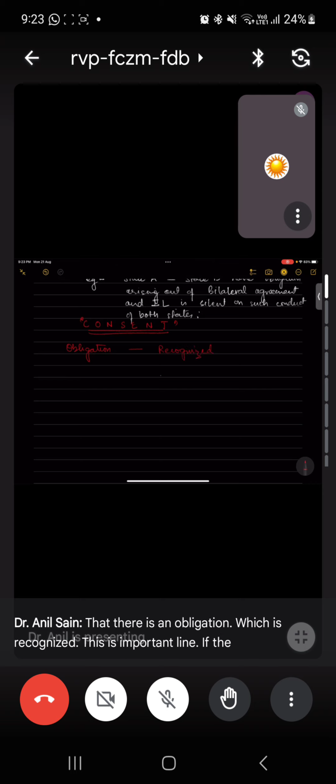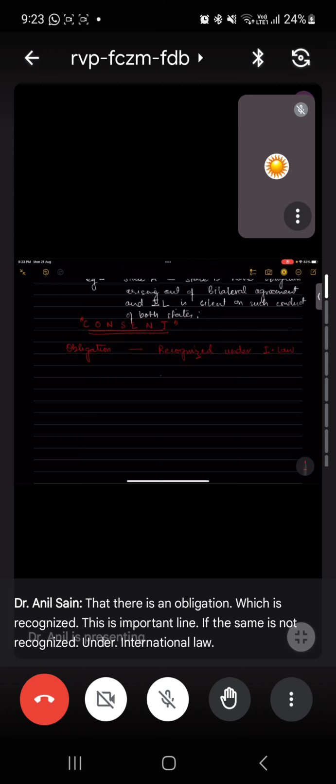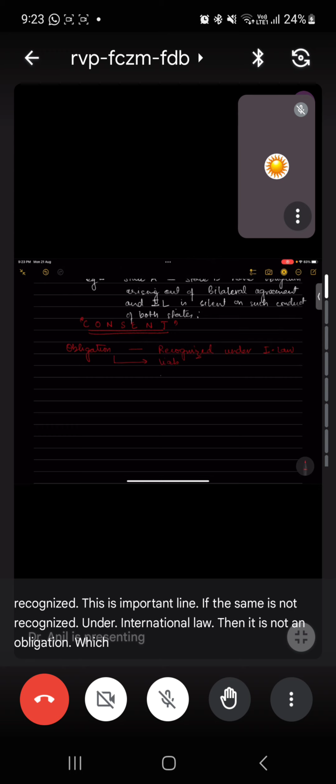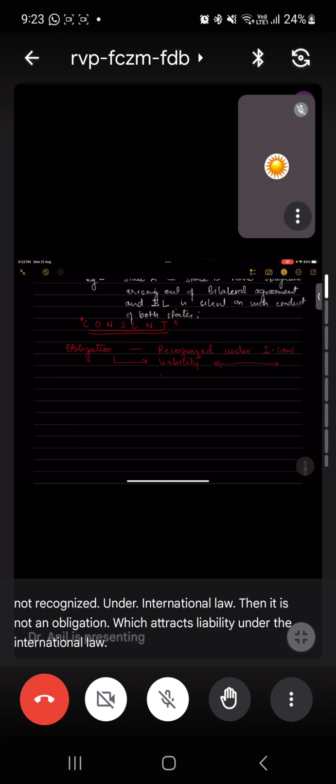If the same is not recognized under international law, then it is not an obligation which attracts liability under international law. Is this line clear to all of you?